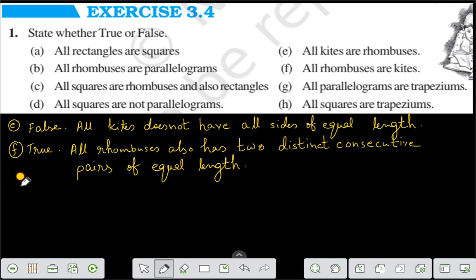Now G is all parallelograms are trapeziums. That is also true.